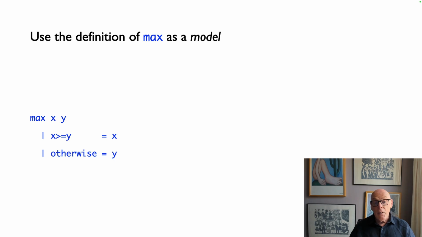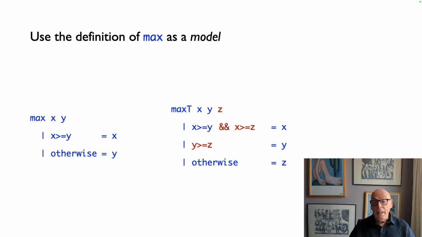Now, how does that carry over to the case where there are 3 integers, x and y and z? Well, here you can see I've taken the definition of max, I've renamed it max t for maximum of 3, and added an argument z, and I've changed the definition. I've said, what's the condition for x to be the maximum?